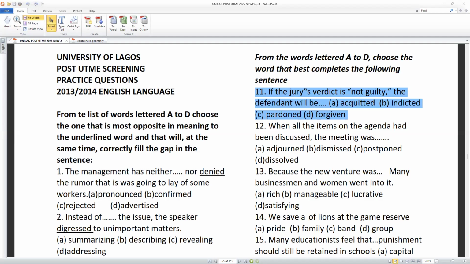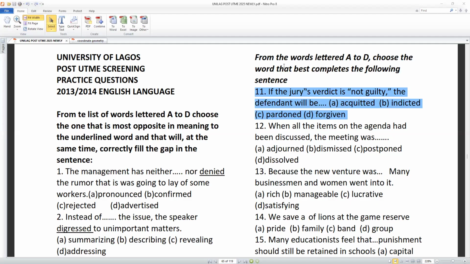What other option will you go for? Pardon. A is correct, which is acquitted, not pardon.